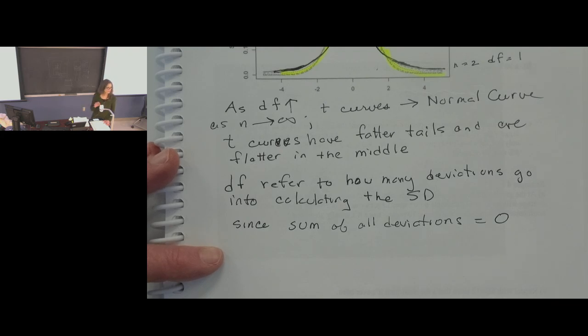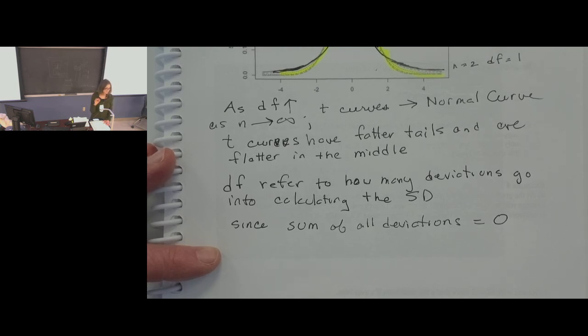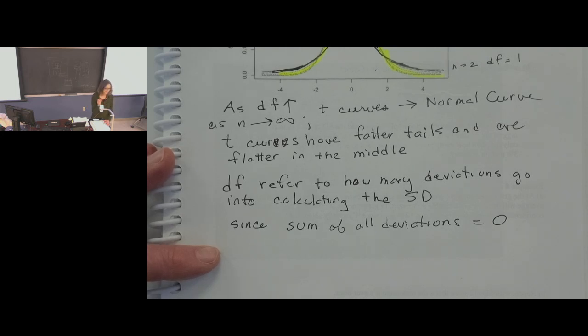You should know that deviations from the average will always sum to 0. On your way to the standard deviation, the reason we square them is because if we didn't, they'd sum to 0, right? If we took their absolute value, that's another way of measuring spread.